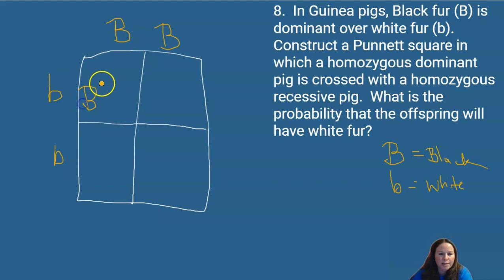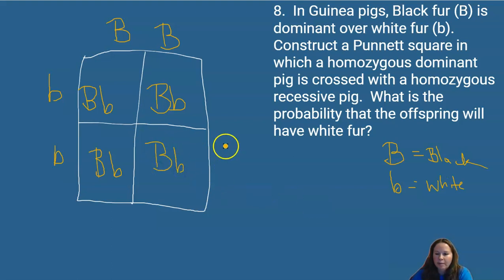Now fill in your boxes. What's the probability the offspring will have white fur? If you said 0, then you were correct. 100% will be black.